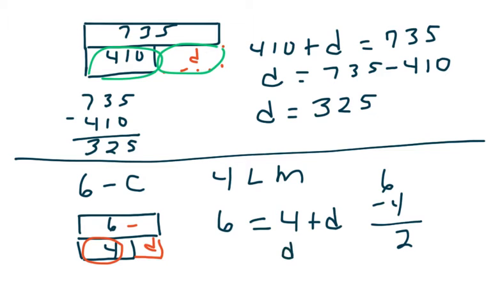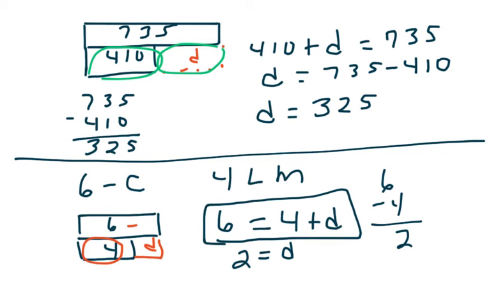So D would equal 2. You can write that either way you want, but that's the answer. Here's the equation. 6 is equal to 4 plus D, and the solution for D would be 2.